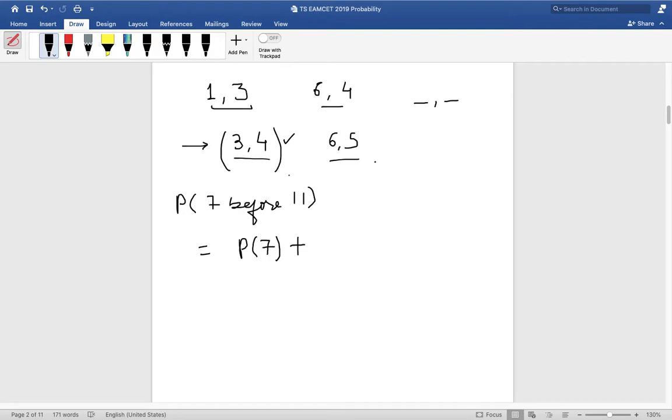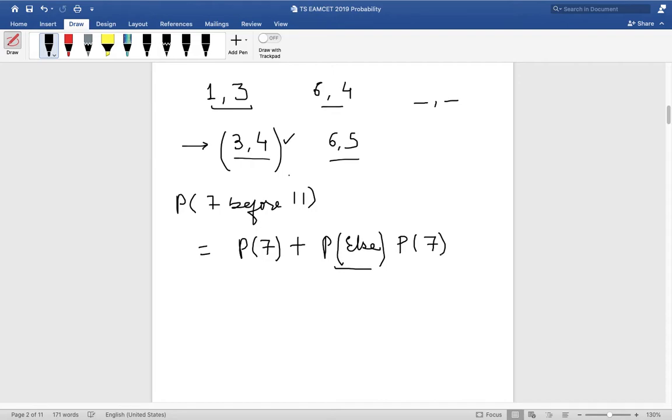Say I got 6 and 4, so the probability of something else, neither 7 nor 11. Now I need to roll 7 instead of 11. So I have rolled something else, now I have to roll 7 and my experiment will stop.